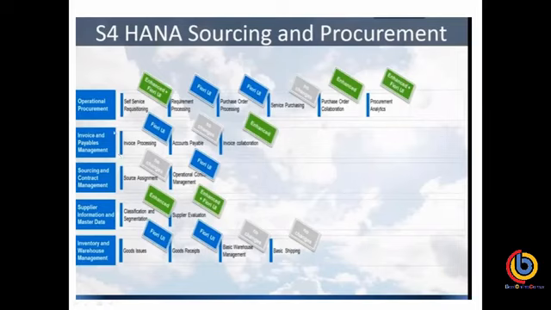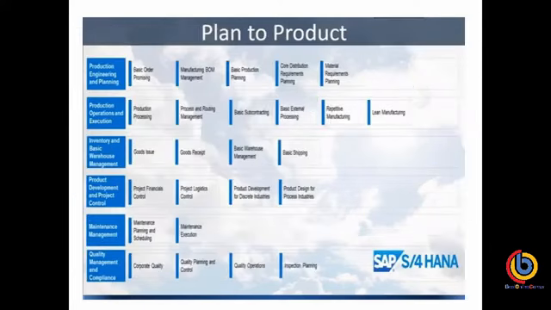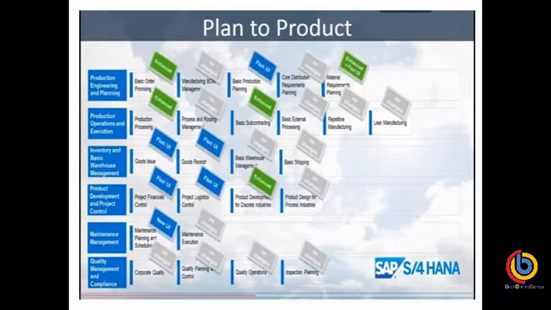Similarly, here I have given just some examples like operational procurement, invoice and payable management, sourcing and contract management. Similarly, in plan to product we can see production engineering and planning, production operations and execution. Quality management compliance is not yet simplified, so we are not finding the simplified version of this.